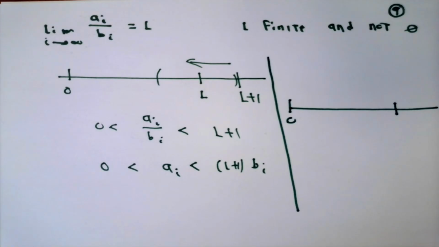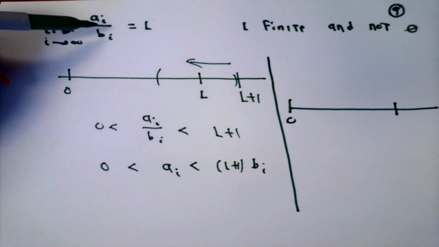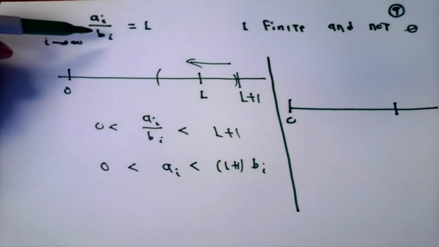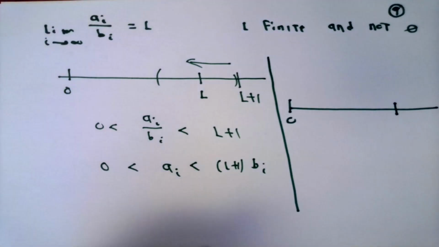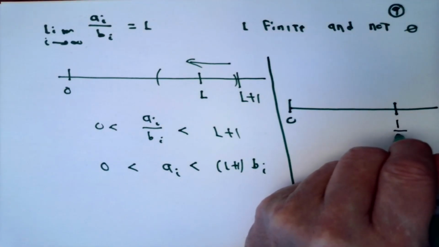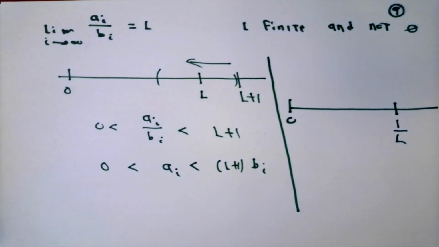The numbers b_i over a_i are the reciprocals of a_i over b_i. These numbers get close to L. Their reciprocals must get close to 1 over L. This is the part where I need the limit to not be 0.